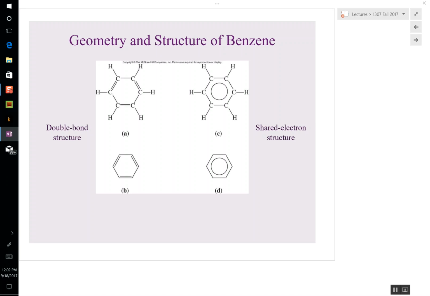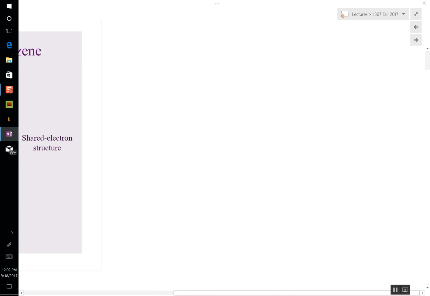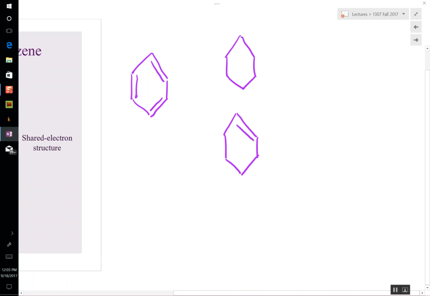So let's take one of these drawings, like this one, and compare it. I always draw my 6-membered rings like that, so I can put a double bond there, there, and there. That is not this, that's cyclohexane. It is not this. What is that? What's the name of that?